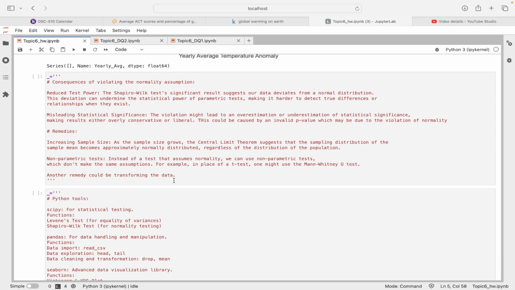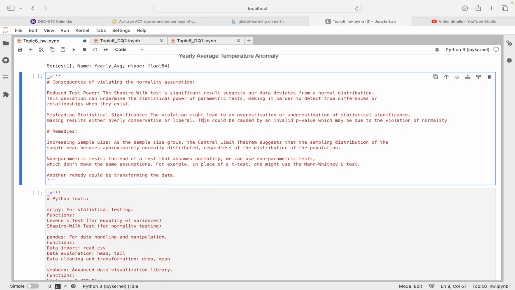Consequences of violating that normality assumption are reduced test power, which makes it harder to detect true differences or relationships when they exist, and this can also lead to a misleading p-value.